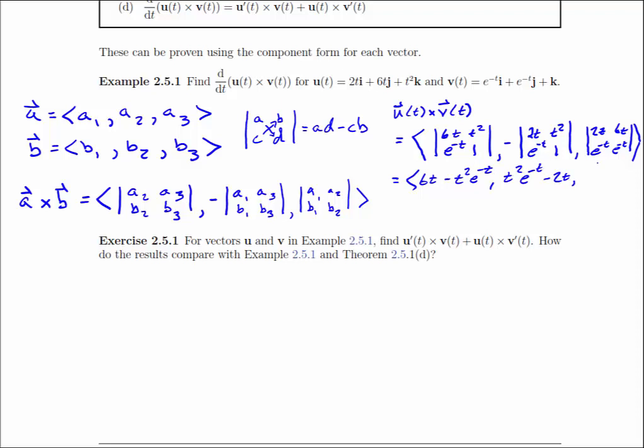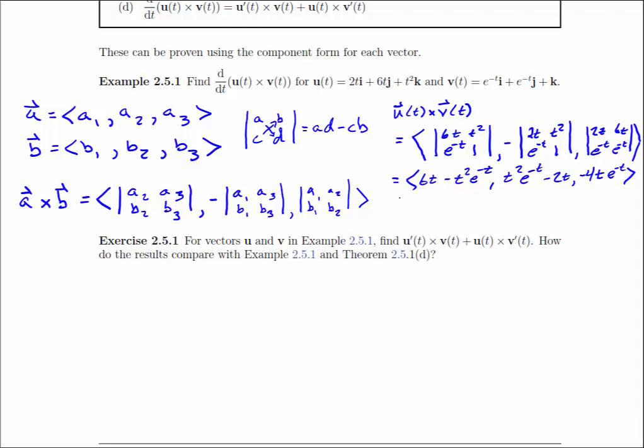And finally, here we have 2t e to the negative t minus 6t e to the negative t, for a total of negative 4t e to the negative t.